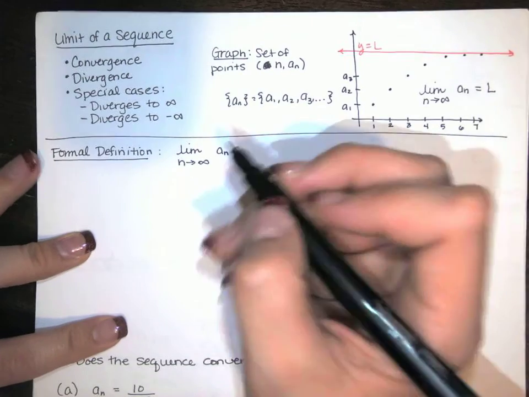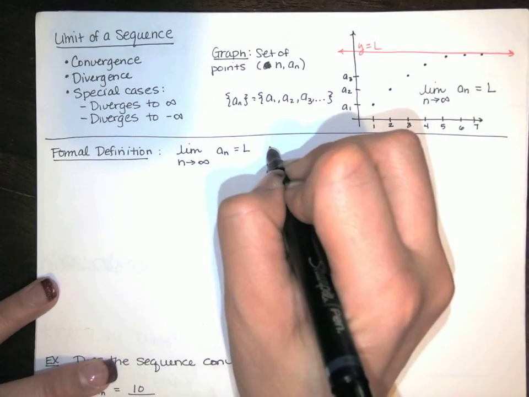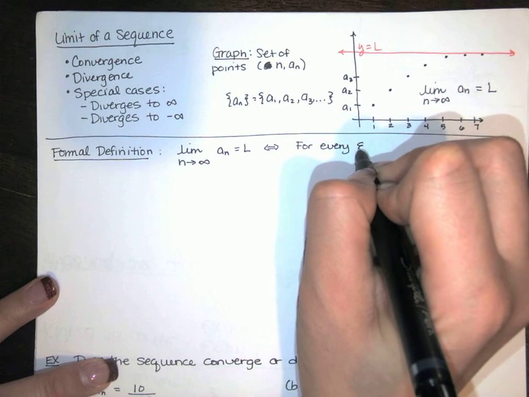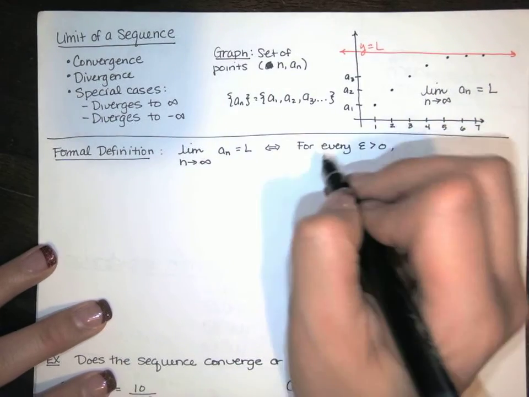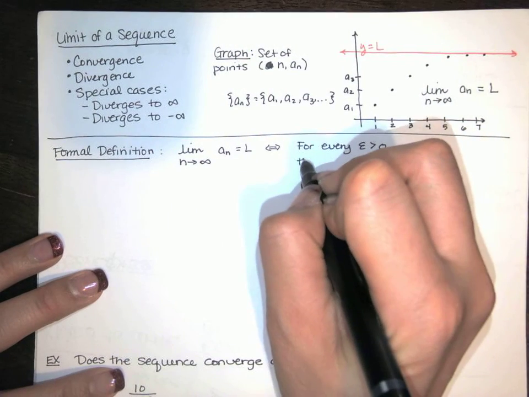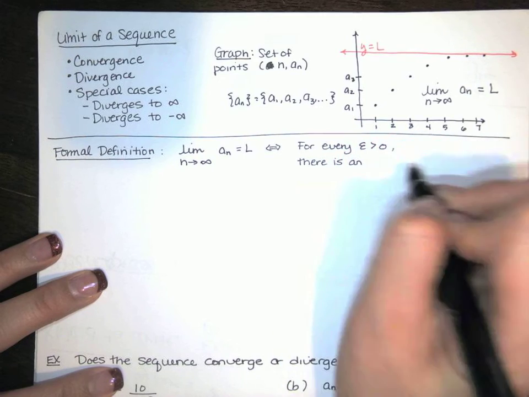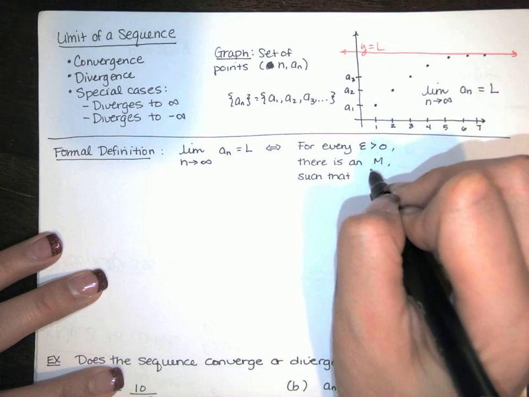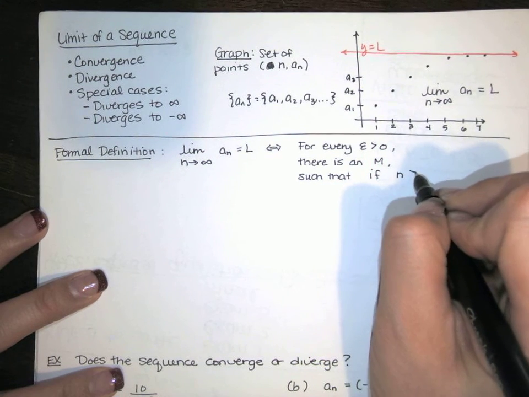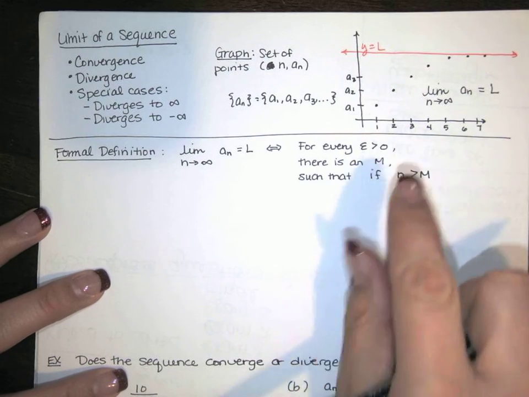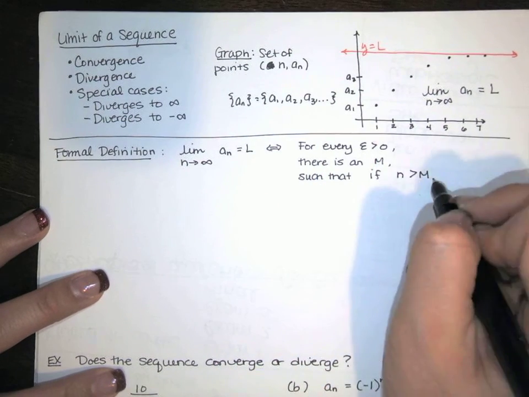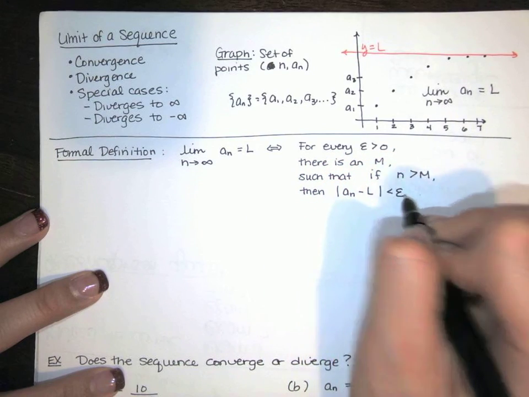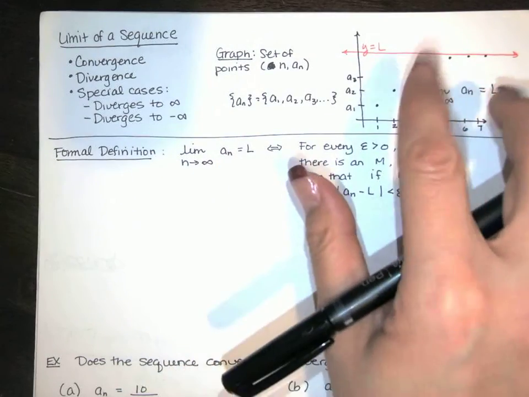We say the limit as n goes to infinity of a sub n equals L means for every epsilon greater than 0, there exists an M such that if n is greater than M, so n is the index, so if we're far enough down this list, then the absolute value of a sub n minus L is less than epsilon. And you might say, how does that have anything to do with this idea up here?